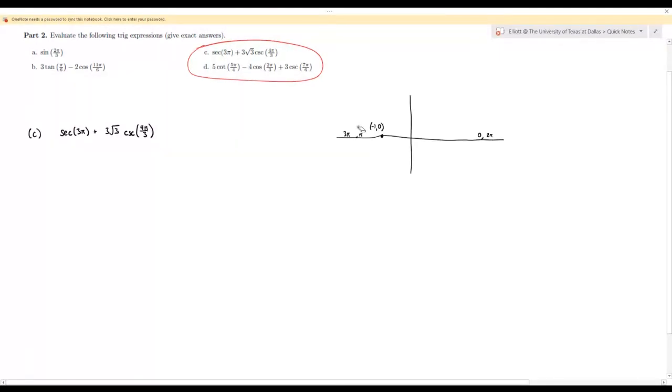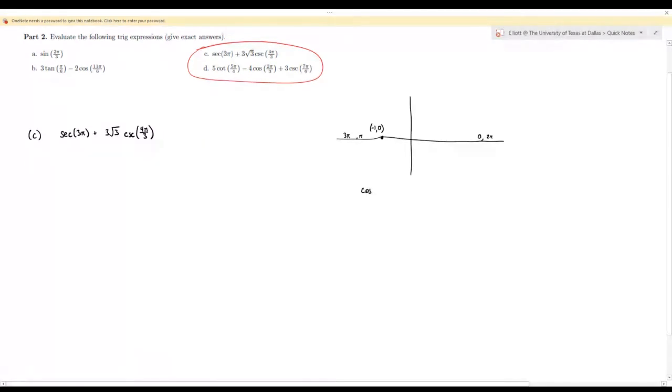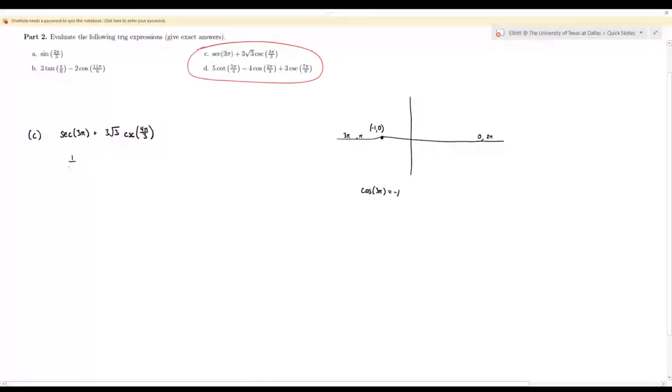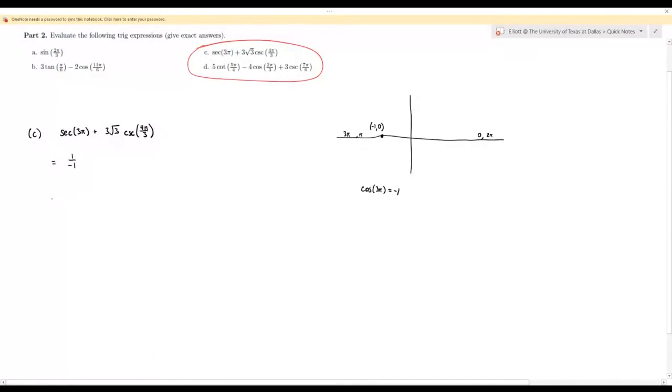So cosine of 3 pi should be -1. So therefore, secant of 3 pi should be 1 over -1, which of course is just -1.